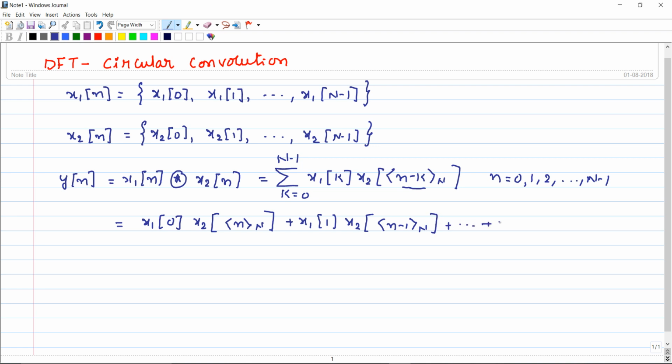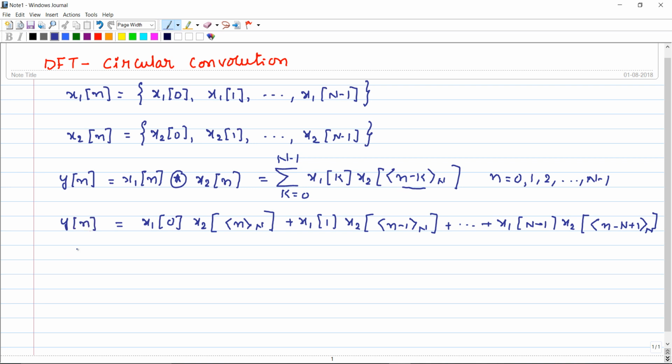The last term would be x1 of n minus 1 multiplied with x2 of n minus n plus 1 modulo n. Again n varies from 0 to n minus 1. So this would be our y of n.